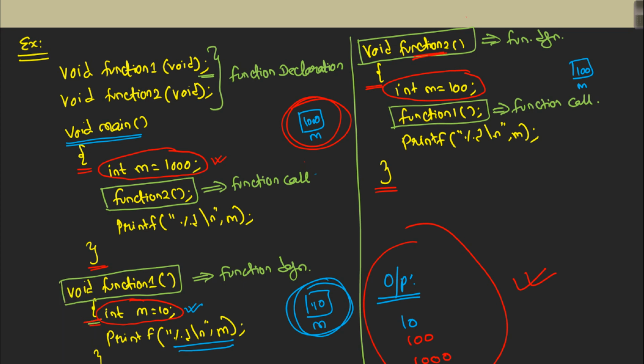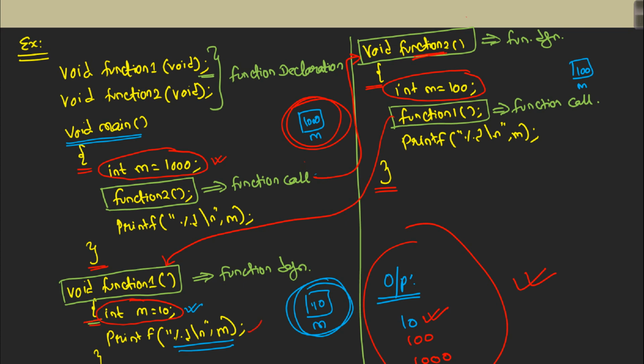So first you are calling function 2, so the control will be passed over here and function 2 will be called, and the value you are initializing is m equal to 100, and then again you are calling function 1, so the control will be transferred over here. Now in function 1 you make m equal to 10 and you print m. Here m equal to 10, so the output will be 10.